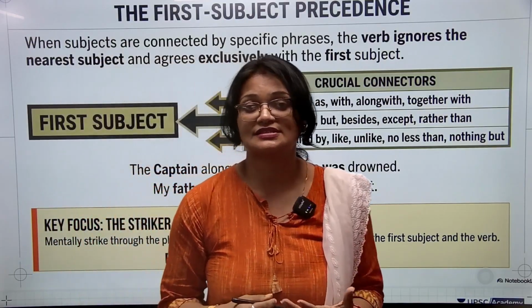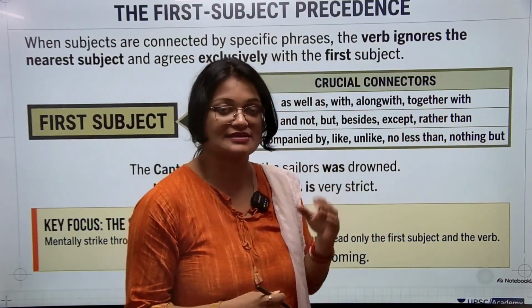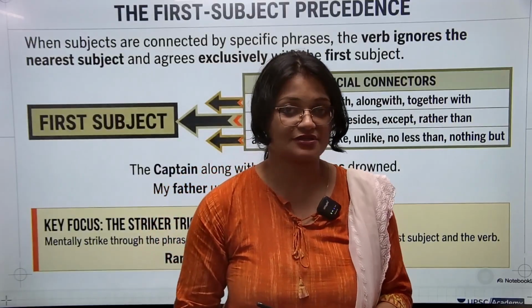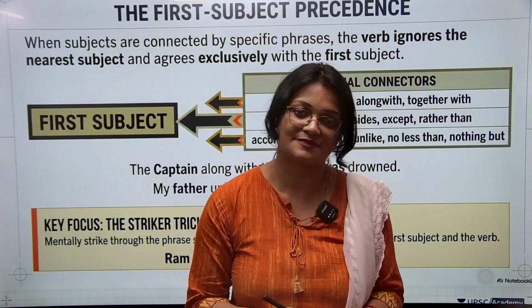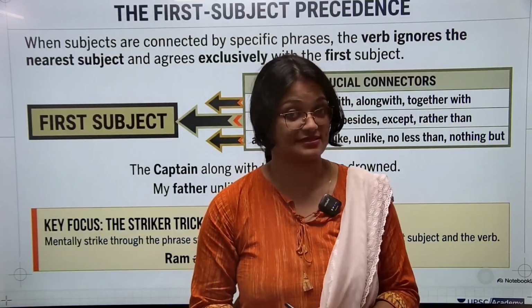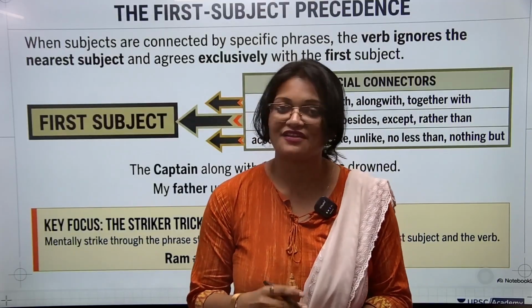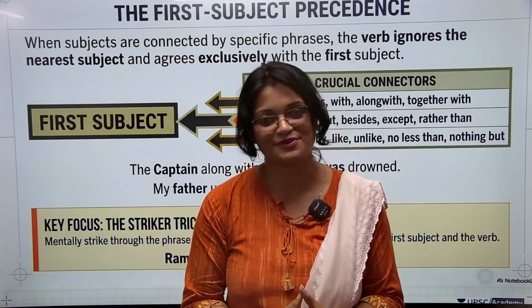So whenever we find these words in a sentence, we will always focus on the first subject and hence agree the verb with the first subject. If our first subject is singular, use a singular verb. If our first subject is plural, use plural.